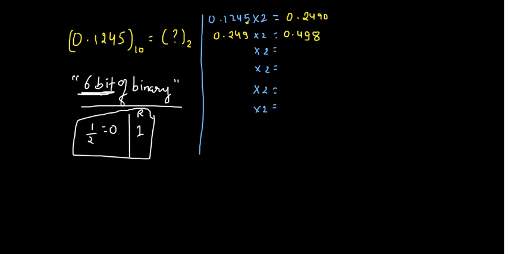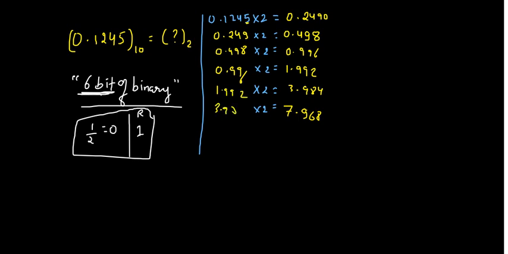That gives 0.498, and 0.498 will give us 0.996, and then 1.992, and then 3.984, and then 7.968. And you know what we are going to put here: 0.996, in this case 1.992, and in this case 3.984, and that's the thing.